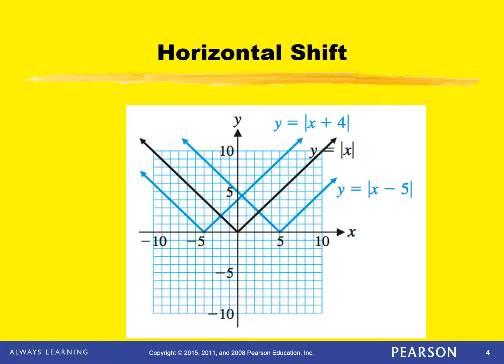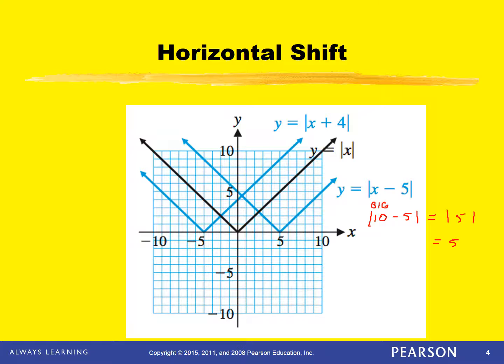And why is that? Well, what you need here are really big values of x to do the same work as what not so big values of x used to be able to do. So now it takes a big number like 10 to give you an output of 5, absolute 5, which is 5.